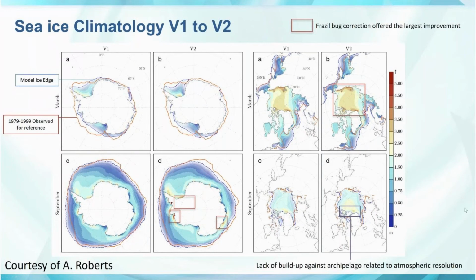We do have some increases through the Arctic that are improved here. We're still, though, not getting buildup along the Canadian archipelago. And this is due to the low atmospheric resolution here.